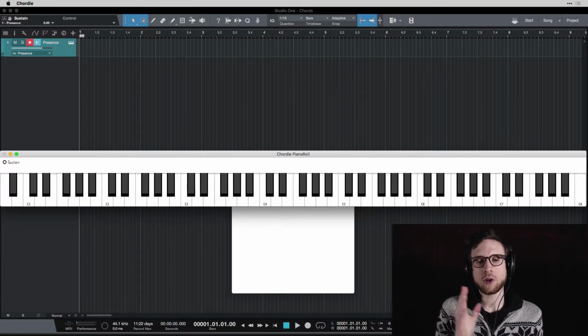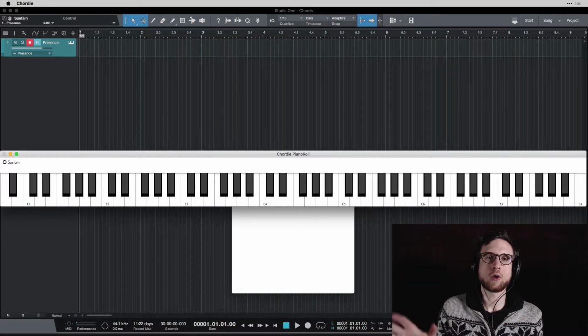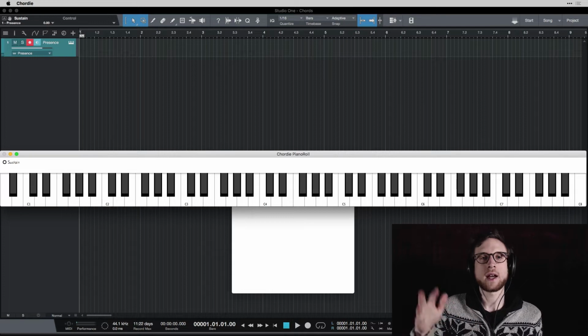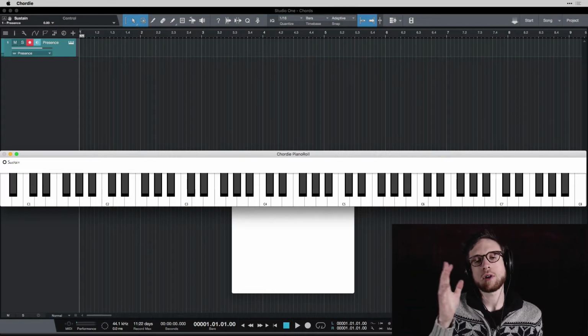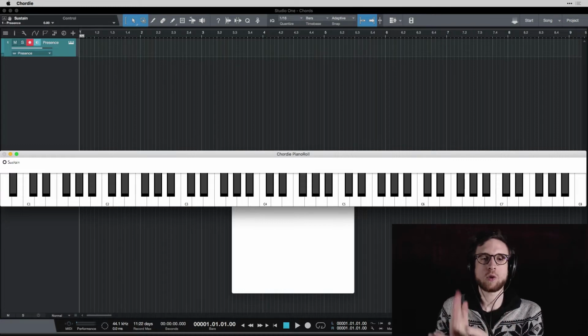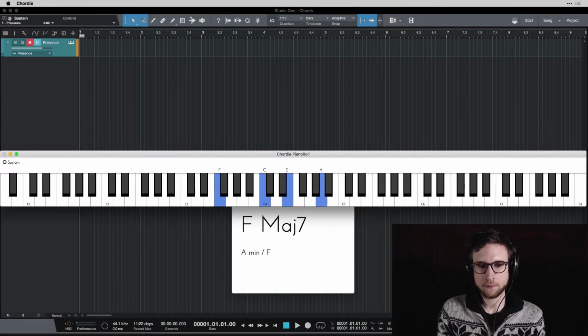So that's what a root note is, and then there's all these kinds of chord qualities: major, minor, suspended, diminished, augmented, 7s, 9s, 11s, 13s, altered chords, all sorts of craziness. And a chord is defined by its root note and its quality. So when I play this chord, as you can see down below, it says F major 7. So F is the root note, major 7 is the chord type.